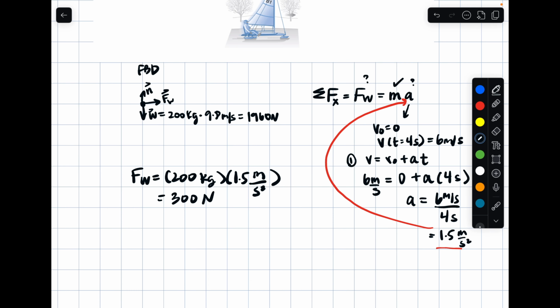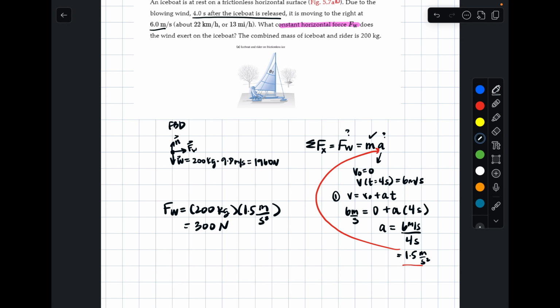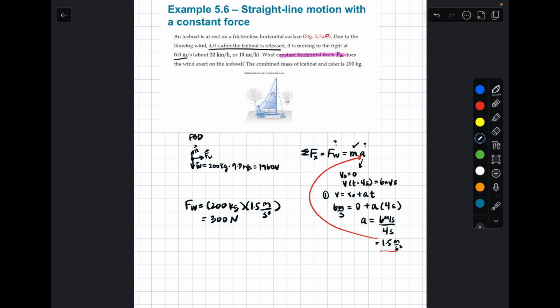The force of the wind must be 300 newtons. And that completes this example.